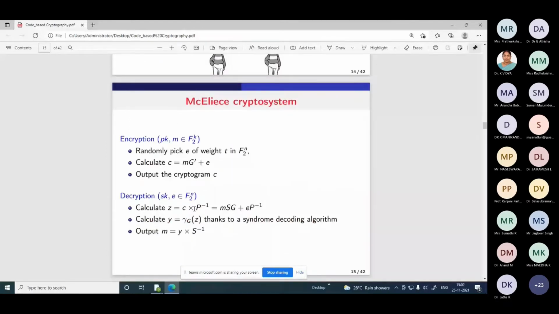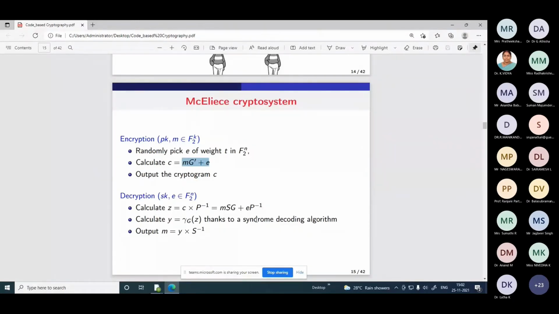That is, when you do C times P inverse, you look here, you are having M G prime plus E, right? This whole thing is multiplied with P inverse matrix. This is P not prime, it's P inverse matrix. So when you multiply the whole thing by P inverse, in G prime you are having SGP. So P and P inverse get cancelled and you have here E P inverse, right?